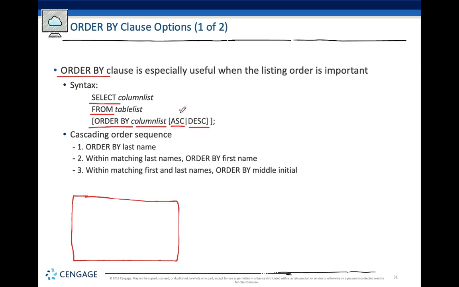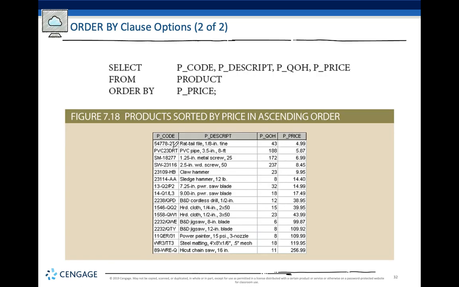The default is always ascending order by the column that you specify. Okay. So let's take an example here. Here we have select P code, description, quantity on hand, and price from the product table and order by product price. Right, so you'll see that the results are sorted in ascending order of P price. Okay.